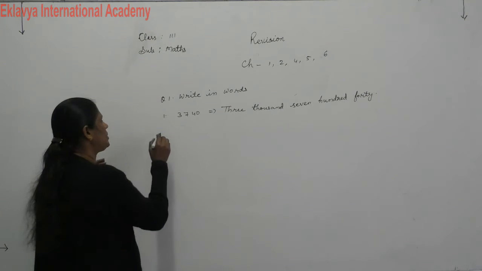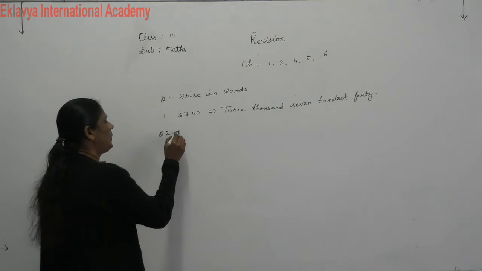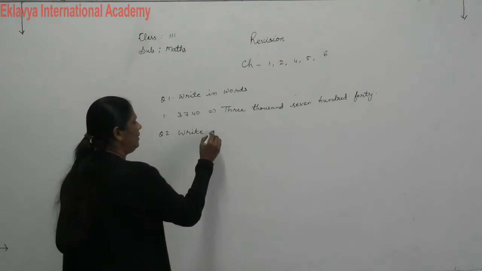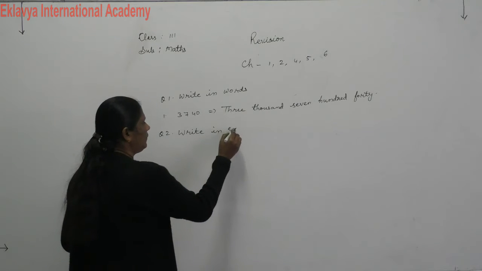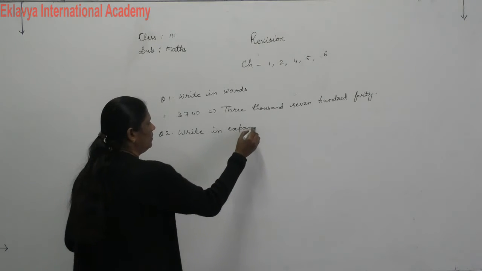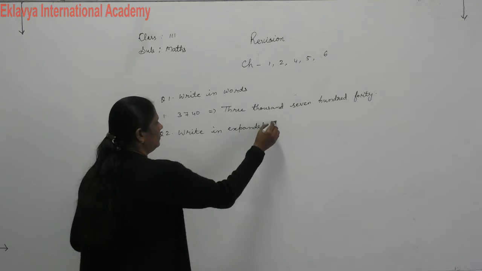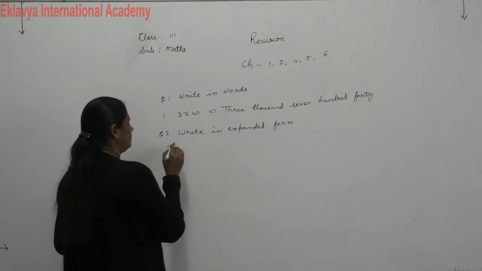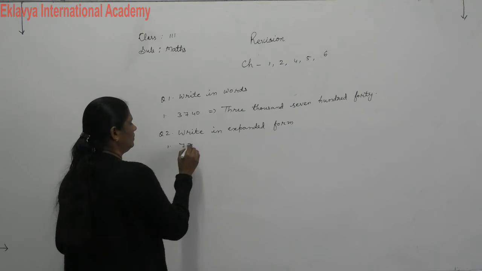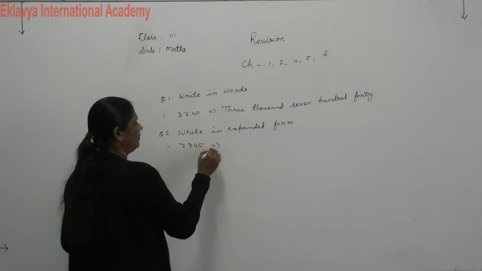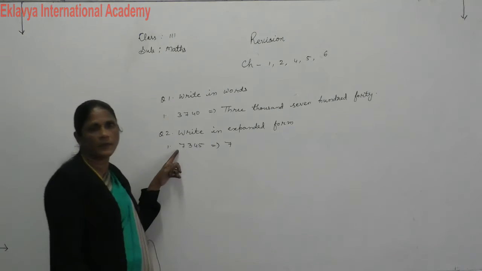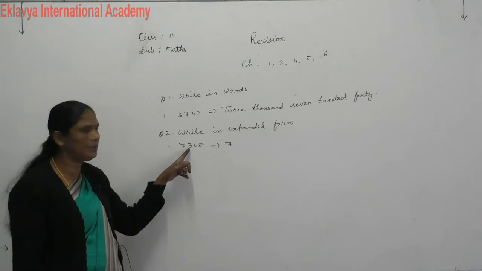Then second question, write in expanded form. First you write the 7. 7 after how many digits? 3 digits.